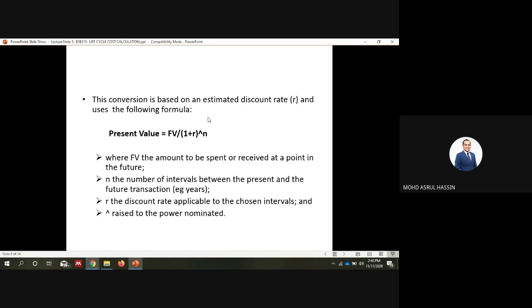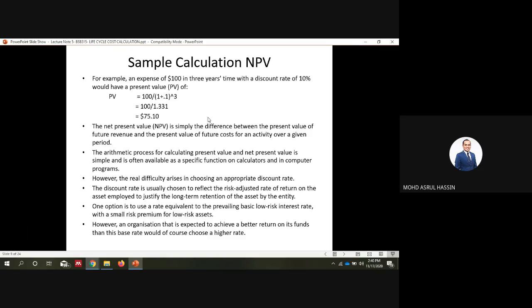Then the power, the symbol of power, so FV divided by (1 plus R) power n. Simple calculation of NPV.